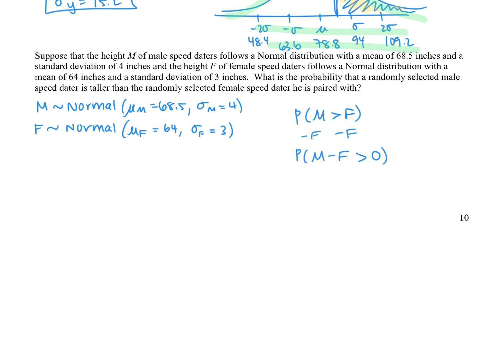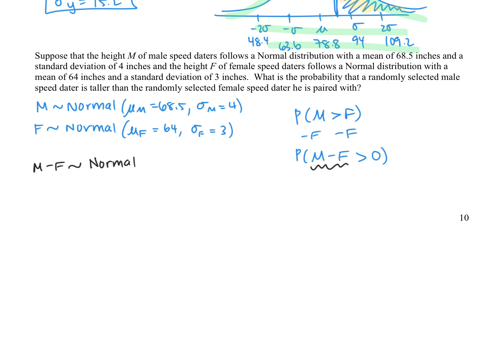The reason I do that is this is a new variable. Here's what I know about that variable. If M is normal and F is normal, when I combine them, regardless of whether I'm adding or subtracting, the distribution will still be normal.